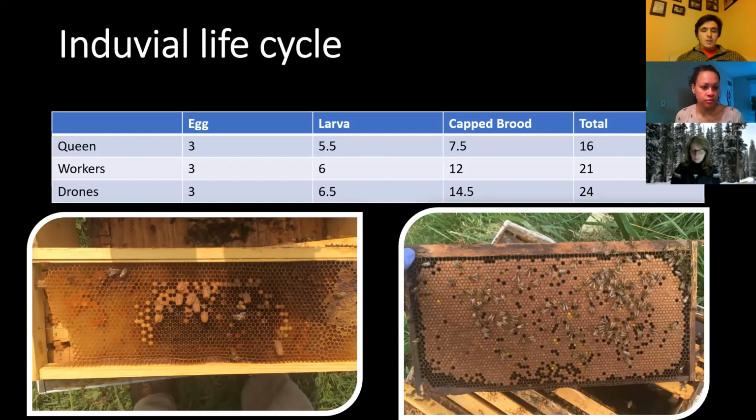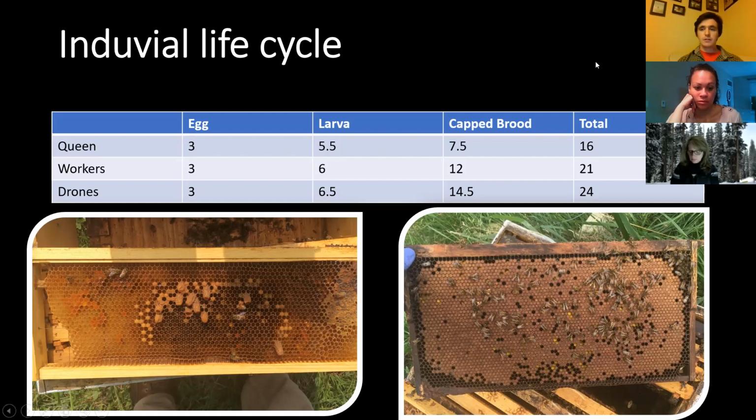Last Tuesday we talked about the egg, the larva, the pupa, the capped brood, and how an adult honeybee emerges. We talked about how the genetics of the queen are the same as a worker bee. It's just that they've raised that young larva as a queen.